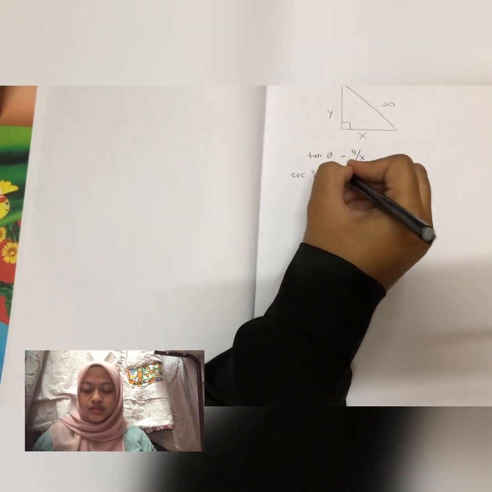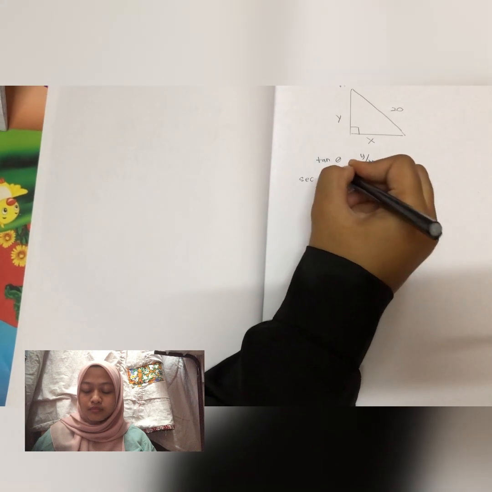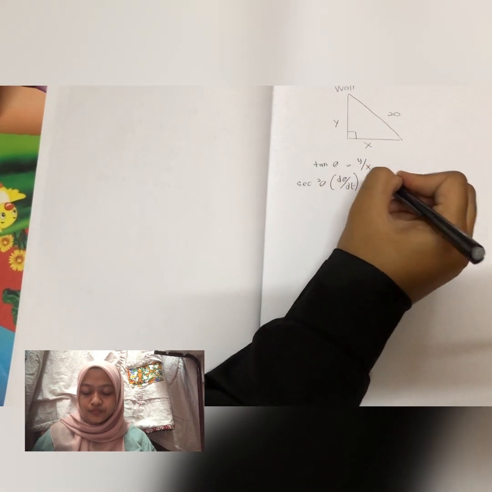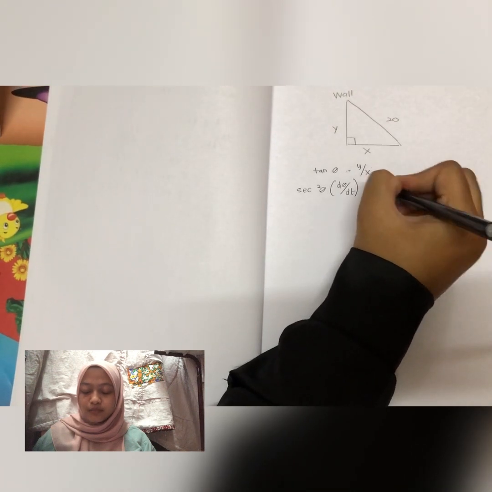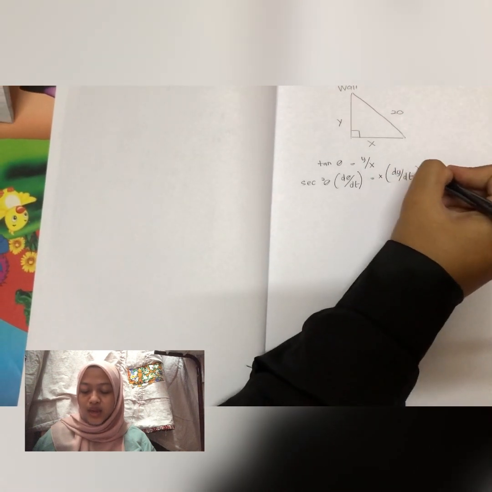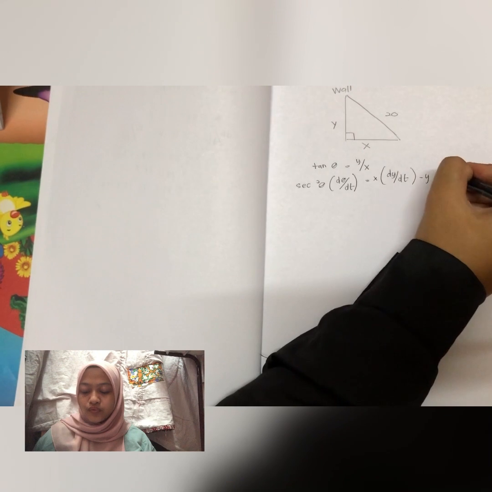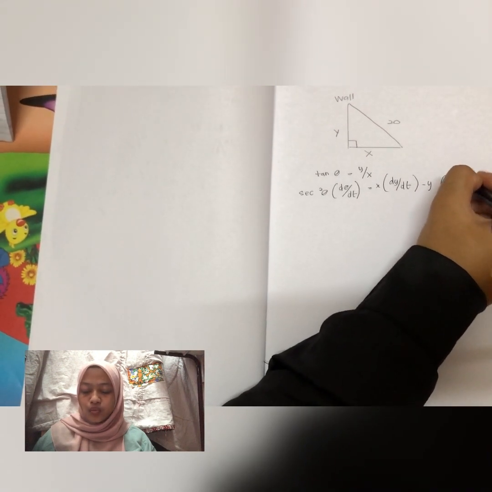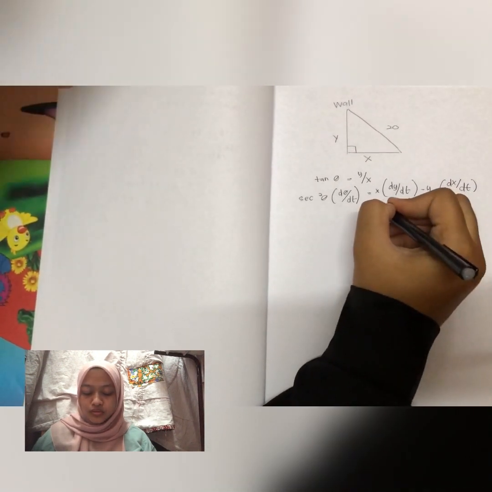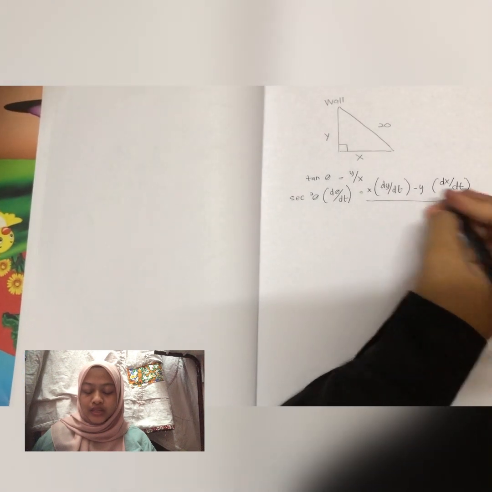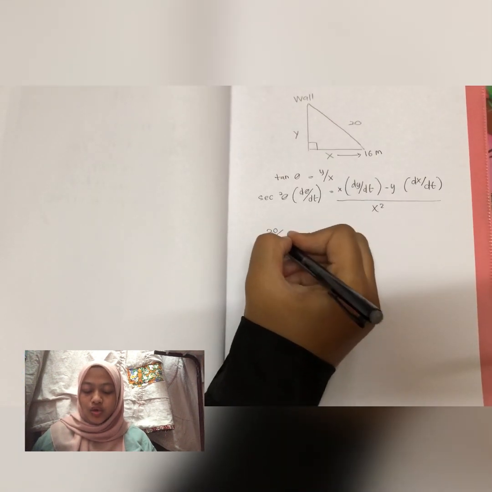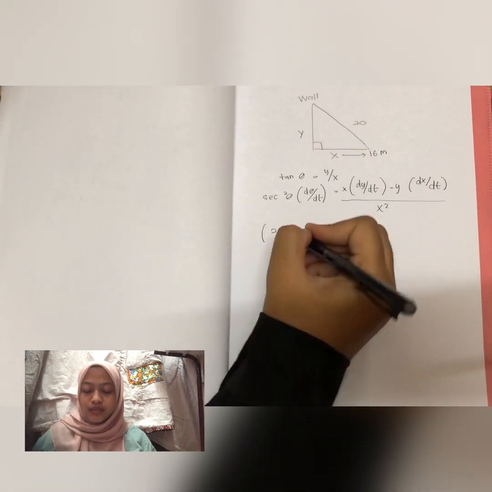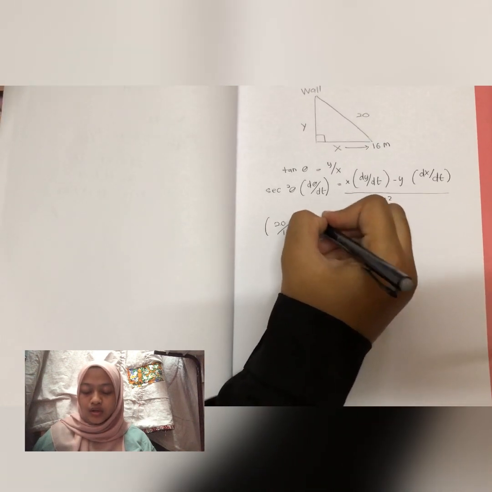Then, sec squared theta multiplied with d theta over dt equal to x multiplied with dy over dt minus y multiplied with dx over dt, over x squared. So, we know that sec squared theta is 20 over 16 squared, multiplied with d theta over dt.